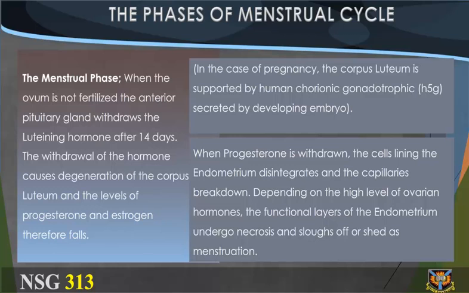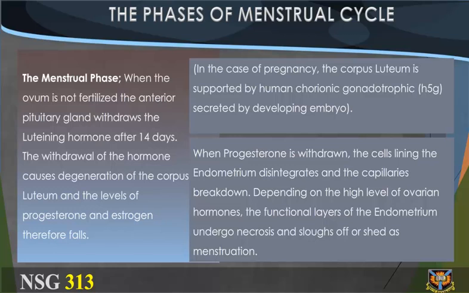In the case of pregnancy, the corpus luteum is supported by human chorionic gonadotrophin, HCG, secreted by the developing embryo. When progesterone is withdrawn, the cells lining the endometrium disintegrate and the capillaries break down.